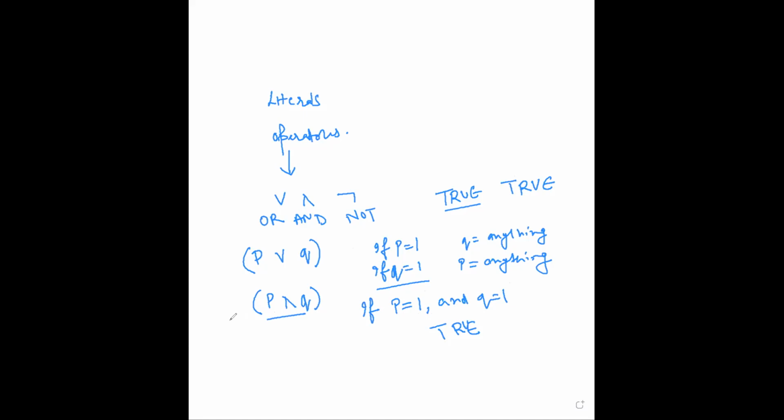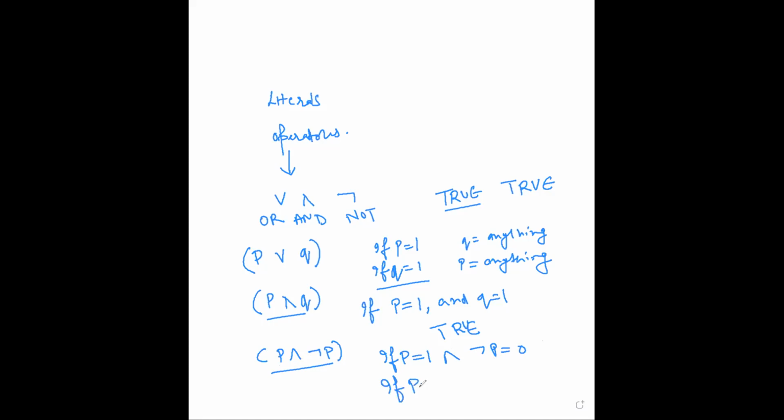Now let me give you one more example: P and not P. If I want to know whether P and not P is satisfiable or not, if the value of P is 1, then the value of not P is 0, and if I apply and, this is not going to return true.